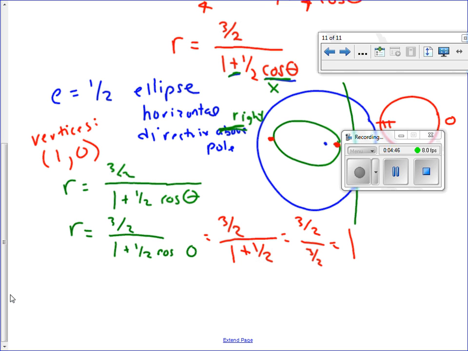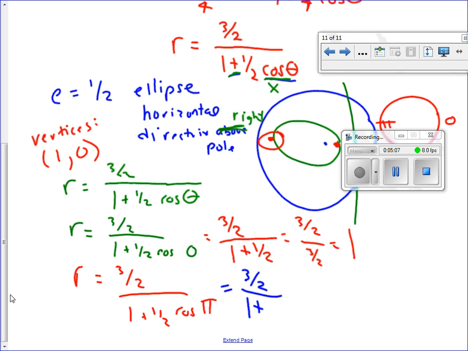Now let's find the other vertex, this one over here. That is at angle pi, so r equals 3/2 over 1 plus 1/2 cosine pi. Again, using my unit circle, I find that the cosine of pi is -1. So 3/2 over 1 plus 1/2 times -1.